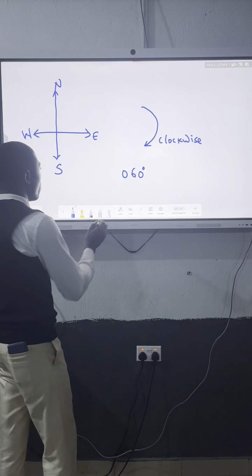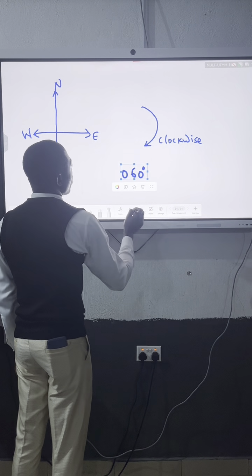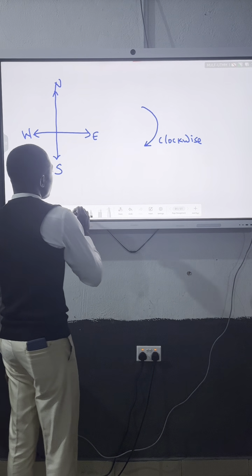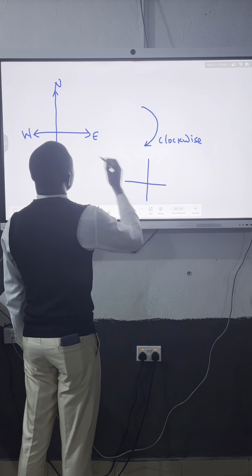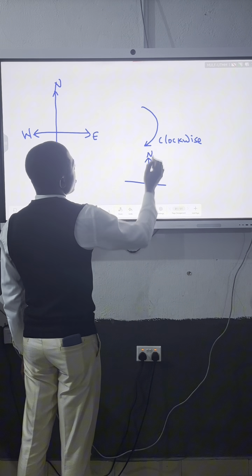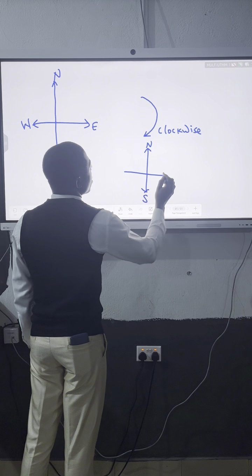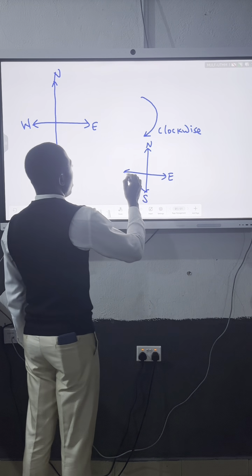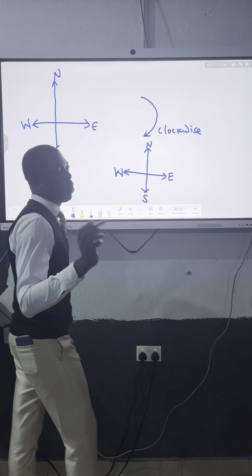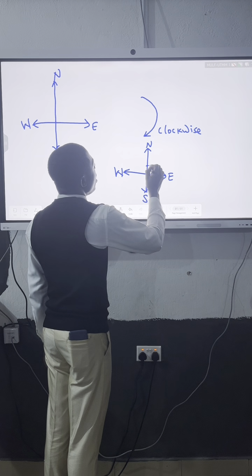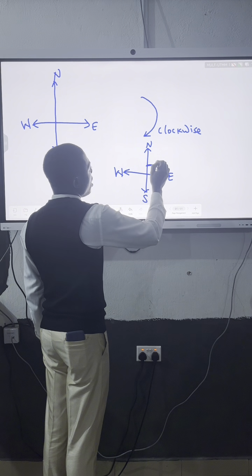Now, before we commence our movement, let me give you some guidelines. You have north. Over here, you have south. To the right hand side, you have east. To the left hand side, you have west. Look at it. The angle between north and east is 90 degrees.